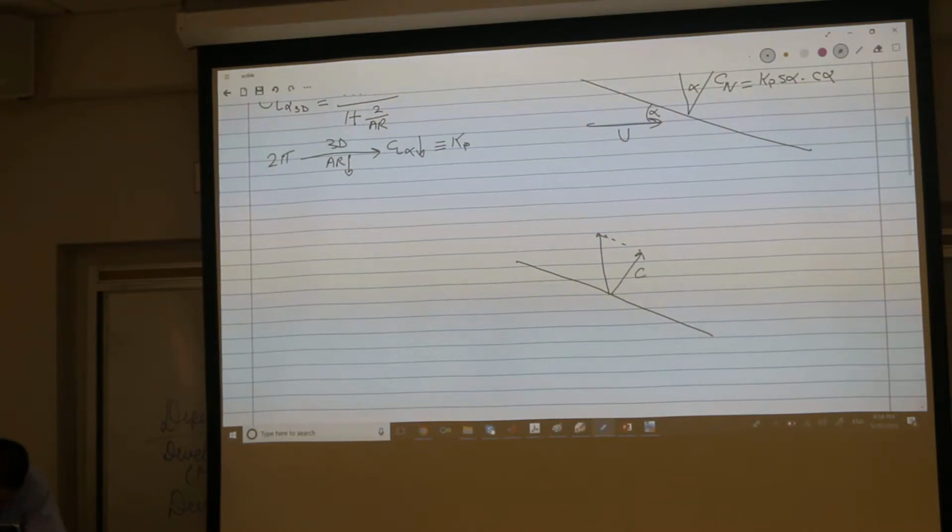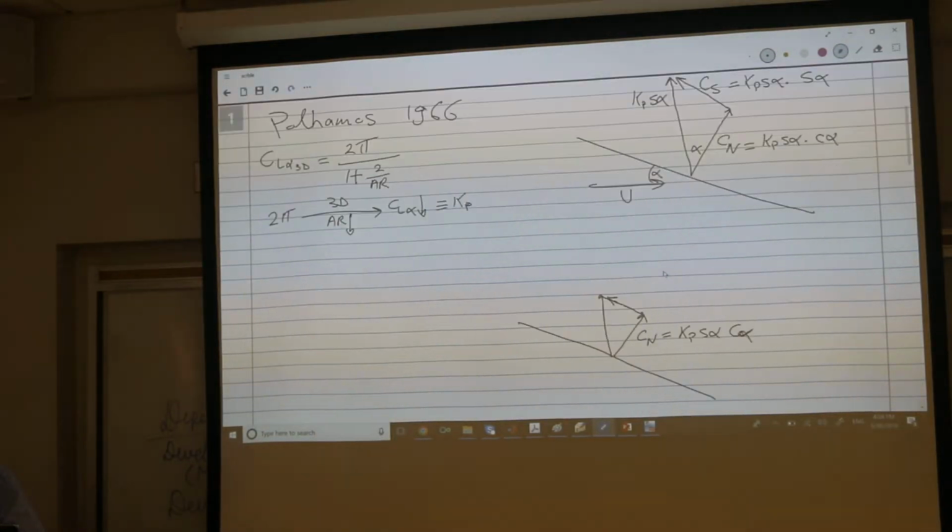And this is the normal, Kp sine alpha cosine alpha. And this is the suction force. So this is the usual operating condition.